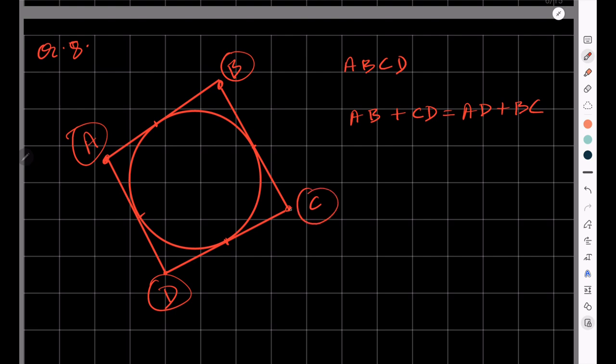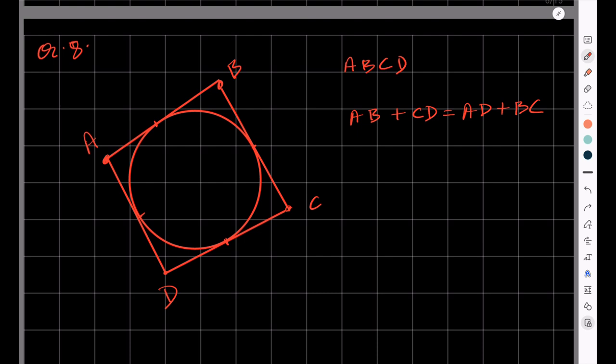So opposite sides put together is equal to AD plus BC. This is what it is talking about, isn't it? So now how can we do that? Is there any way you think it could be done by applying maybe the theorems of tangent to the circle? Yeah, we can do that.